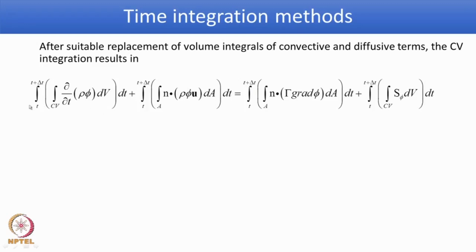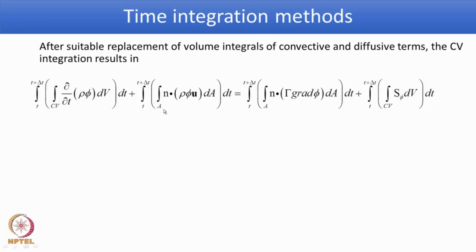So, you have a time derivative term. You go from the present time level t by an increment in time delta t. So, the integration limit is from t to t plus delta t, and then the first term, the time derivative term, is integrated within the control volume. That is a new term we are seeing for the first time.